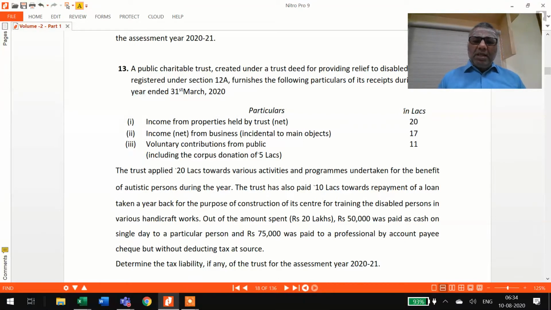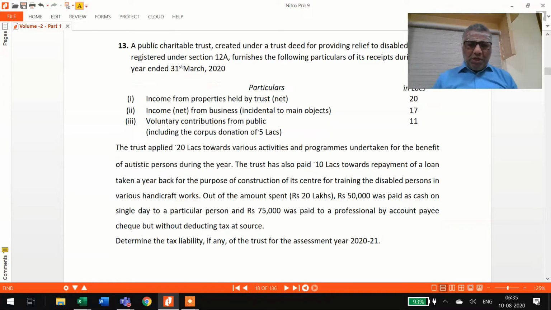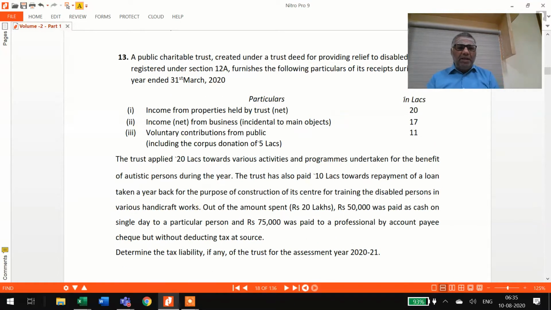The trust has also paid 10 lakhs towards repayment of a loan taken a year back for the purpose of construction of its center for training disabled persons. On the amount spent, 20 lakhs, 50,000 was paid in cash on a single day to a particular person and 75,000 to a professional by way of account payee cheque without deducting tax at source. Determine the tax liability of the trust.